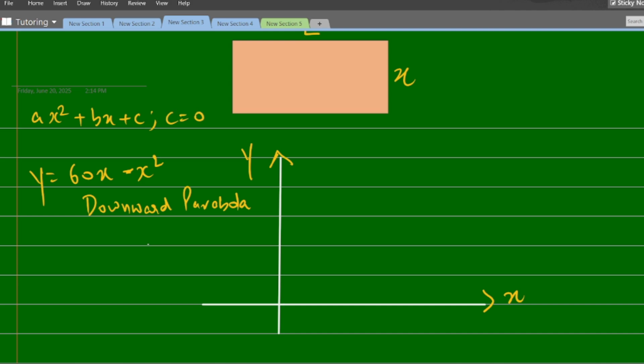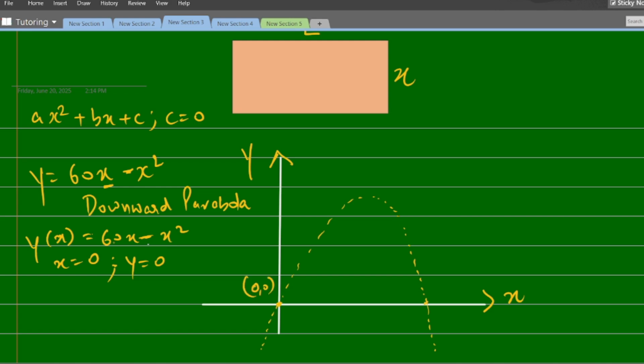Here c is 0. So I can assume this parabola will pass through x is equal to 0. So this is origin. At x is equal to 0, y is also 0. So if I draw an approximate parabola, this is 0, 0.